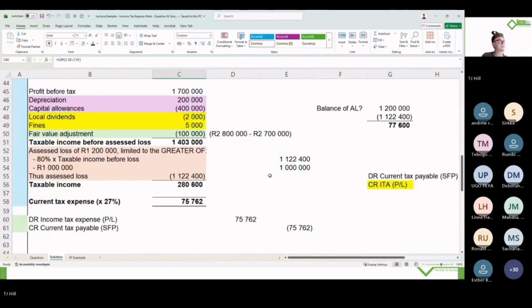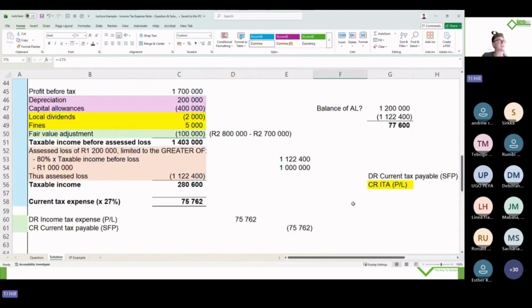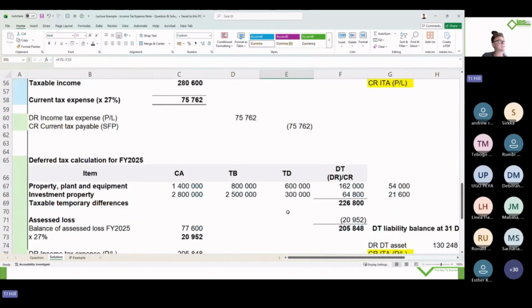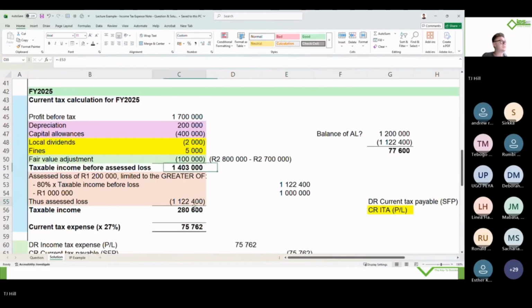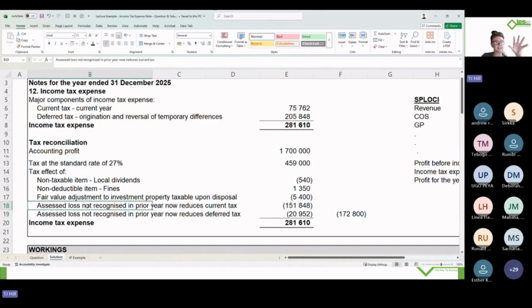Of that, we've now continued to recognize 20952, which is reducing the deferred tax, and the rest would have actually flowed in here in your current tax, which gives me my total unrecognized portion. So we're essentially saying to the user, listen, you are not accounting for the fact that I didn't take into account this 172,800 last year. You're not accounting for it when you are doing this thing.